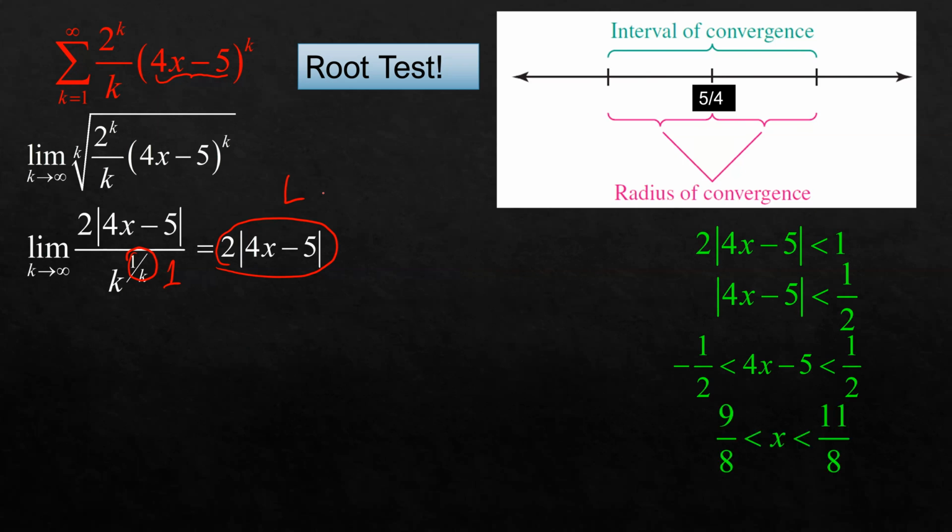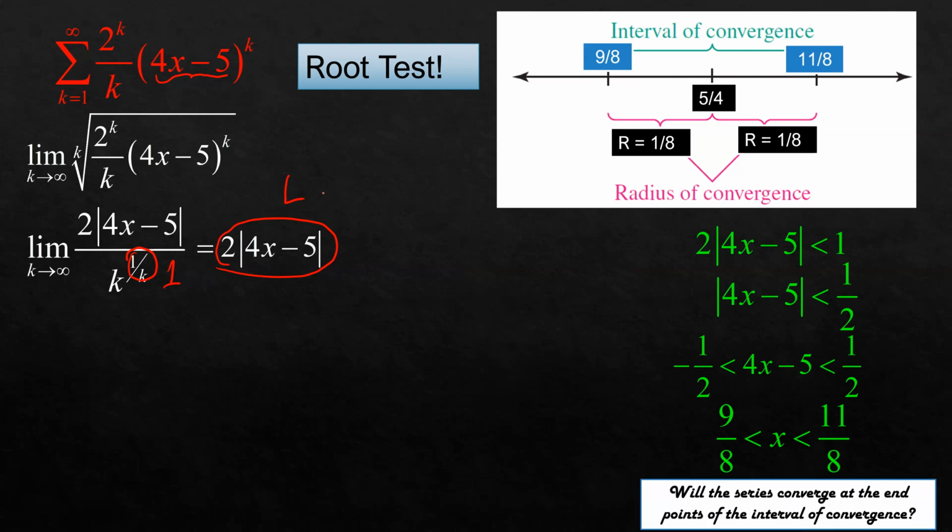Solving for x, it is going to be in between 9/8 and 11/8. So the radius of convergence in this case is 1/8, right? That's the distance from the center to the endpoint, 9/8 to the left, 11/8 to the right.